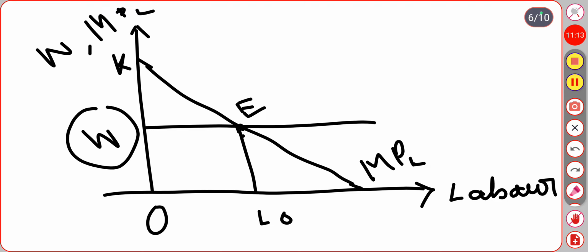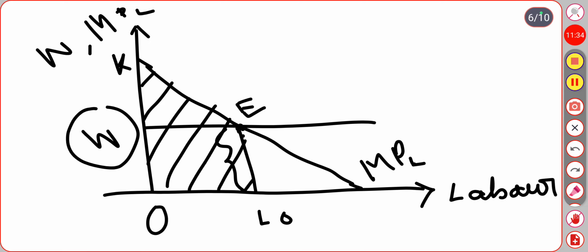So first equilibrium: supply of labor is this amount. E is the equilibrium. Total output is this much amount.